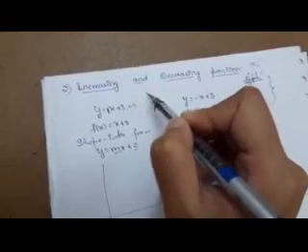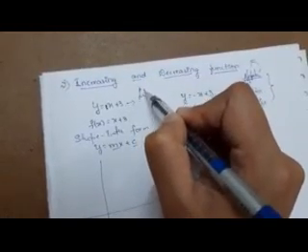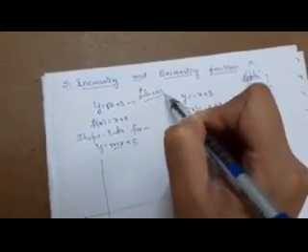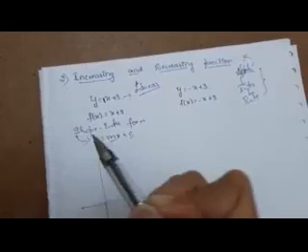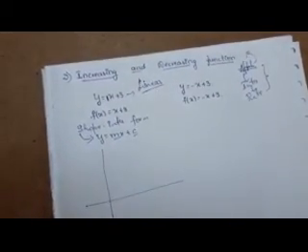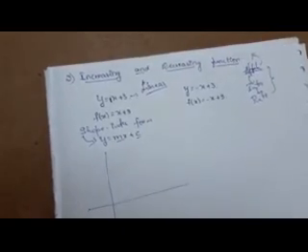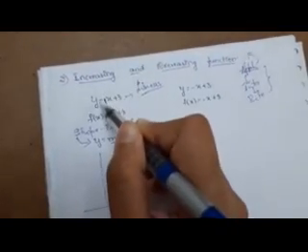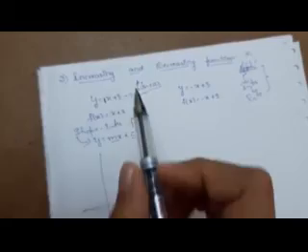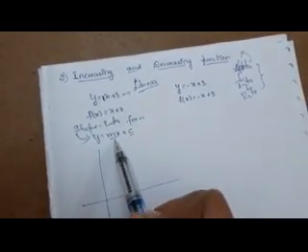A linear equation means y is equal to mx plus c. It is a slope intercept form. So slope is 1 means that the line forms an angle of 45 degrees with respect to the x-axis.